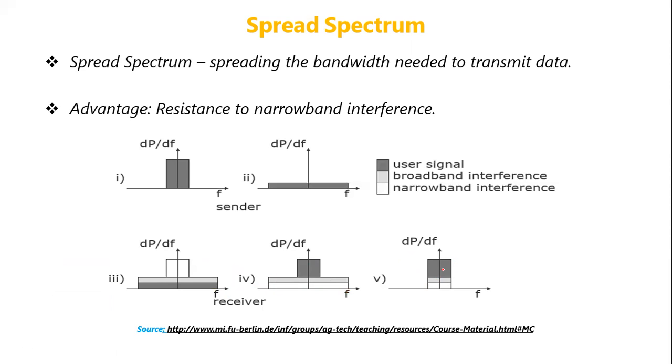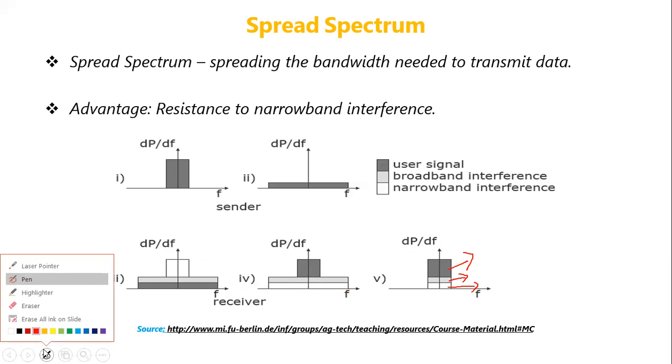Here, if you see, the signal represented in dark gray has higher power than any other signal, then the signal represented in light gray, and then the white signal. Whichever signal has the higher power, from that the receiver will understand that it is the actual user signal.